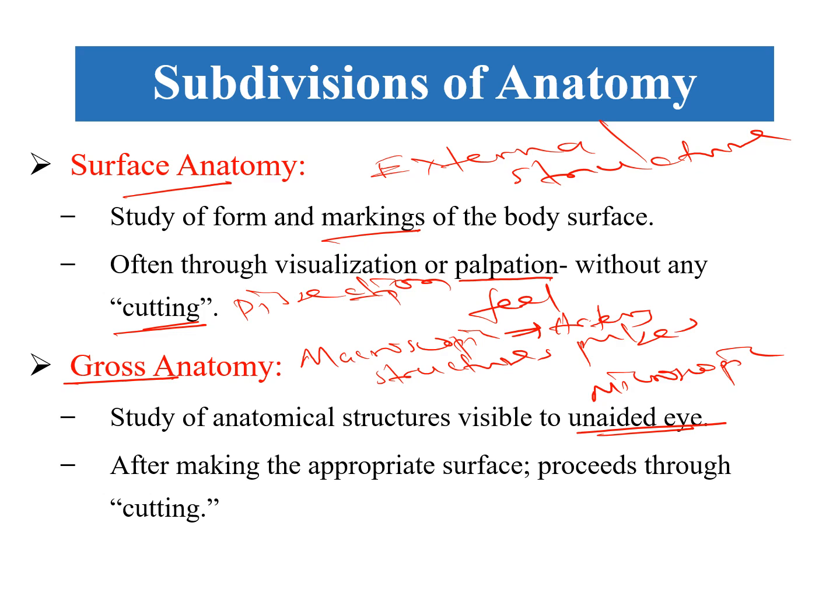And here, unlike surface anatomy, gross anatomy proceeds by studying those structures using dissection or cutting. So dissection is performed in gross anatomy. You cut through these structures, you study the nerves, the muscles, the bones, and so on. So you start from the surface, you also go deeper into cutting, you go into the internal structures as well and see what they have.